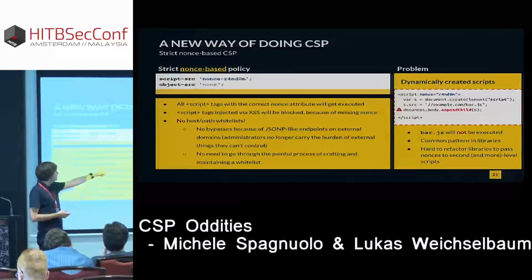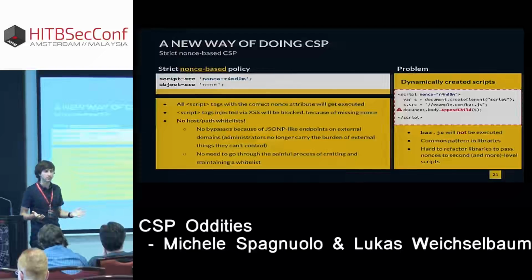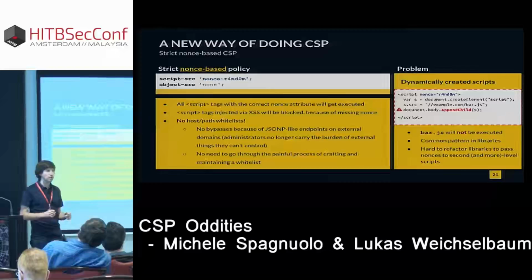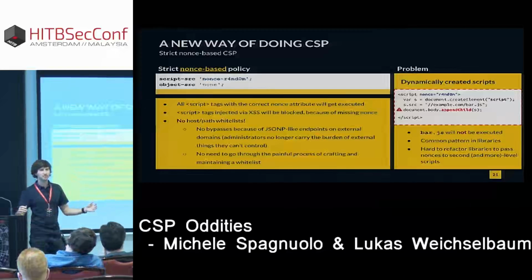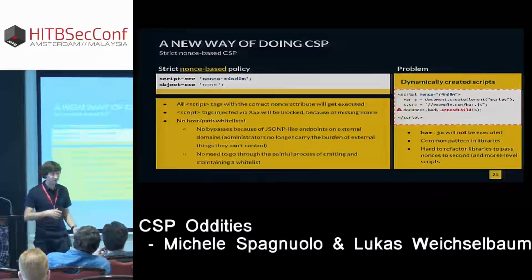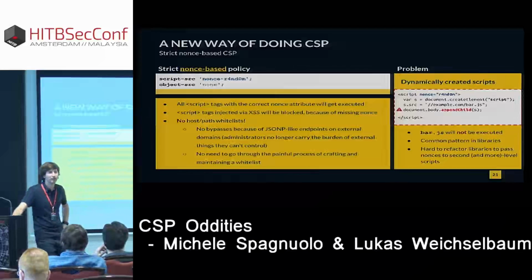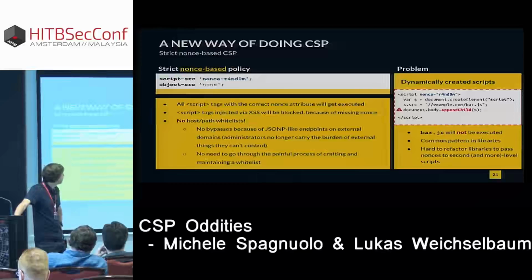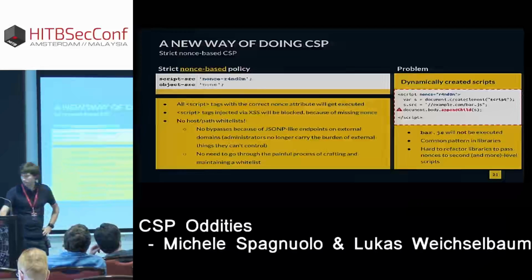So the thing is, the new dynamically created script does not have a nonce, so it will be blocked from executing. So it will break the whole widget. So either you can refactor all your libraries and widgets and try to have big companies fix their stuff, which is fairly unlikely, or we can do something else, which we will talk about in a second to fix this.